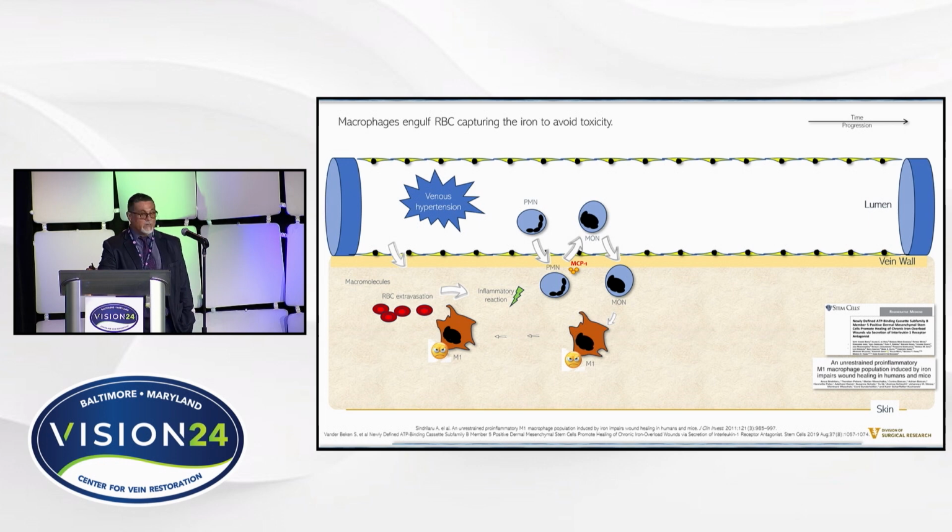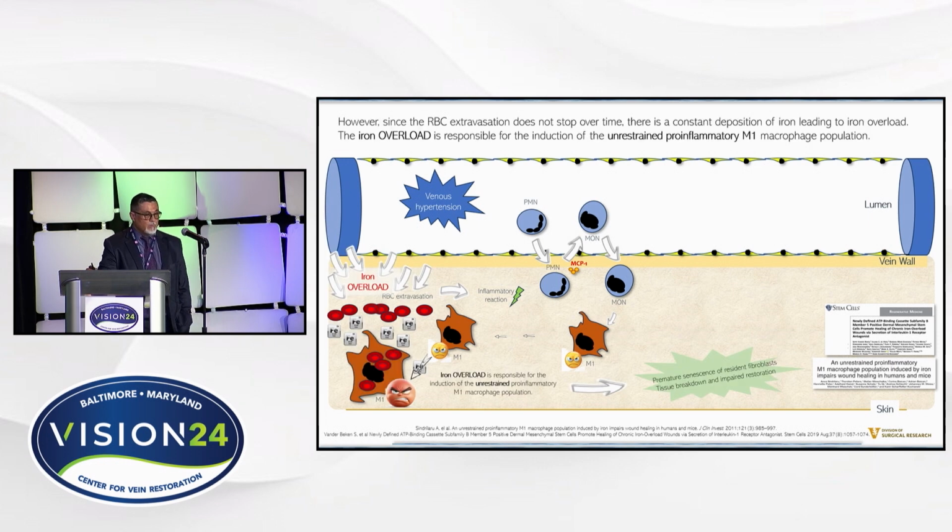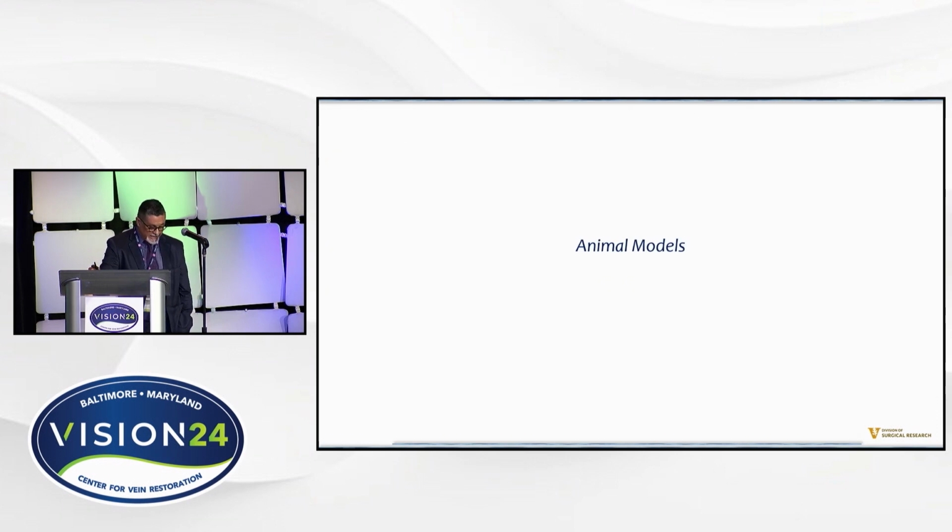Red blood cells are one of those cells, and what happens over time is that if I keep venous hypertension, I keep red blood cells going outside of the circulation, and that produces a local situation named iron overload, that makes the M1s really mad, if you allow me to say that.